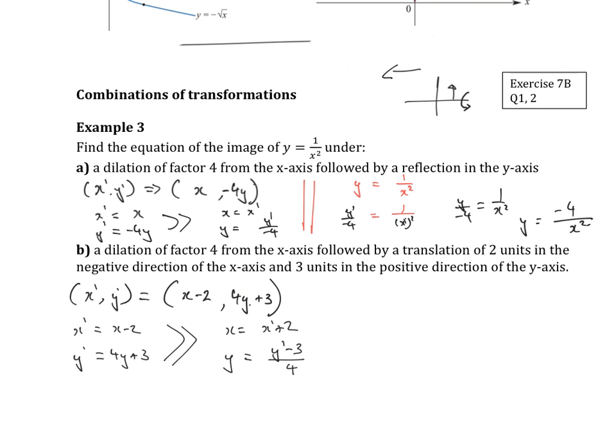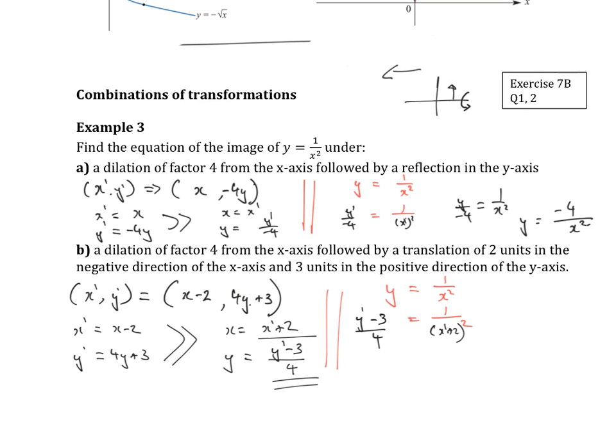So again, we substitute that into whichever equation we're referring to, and again it's still y equals 1 over x squared. So all I'm looking to do is put in my y value, which is now y dashed minus 3 over 4, because that's what y is equal to. X is equal to x dash plus 2. So we're just substituting that in.